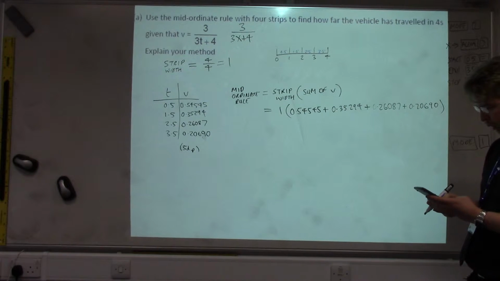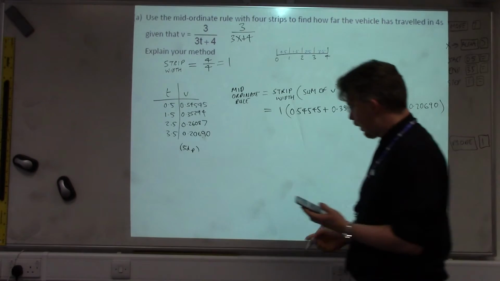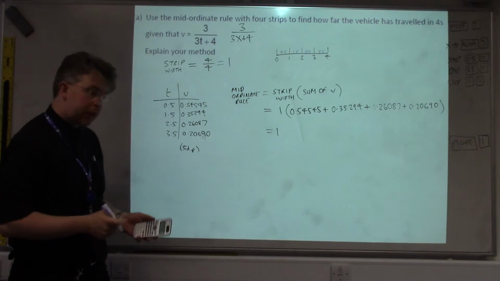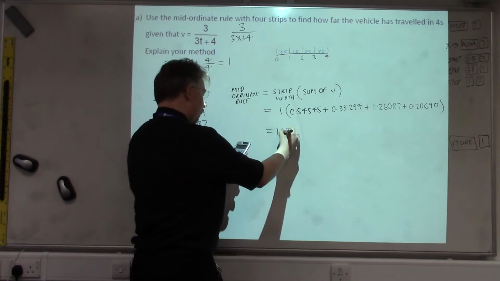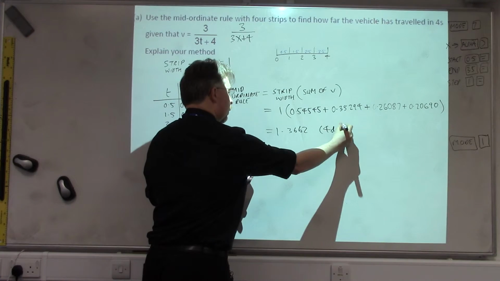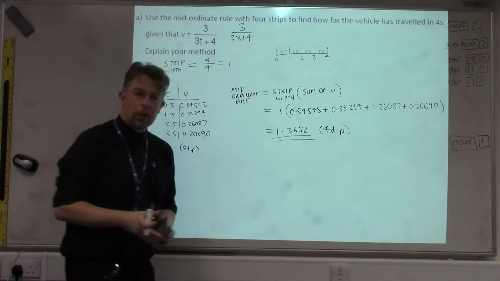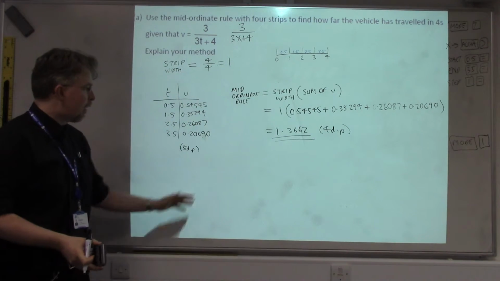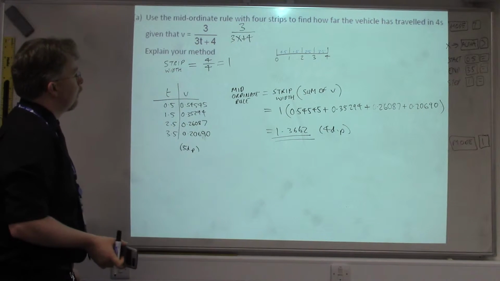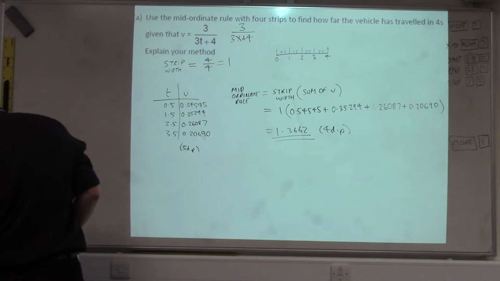And 4 decimal places, because we lose a bit of accuracy for having rounded: 1.3662. And that's the mid-ordinate rule. So that much to pass, and an explanation of what you're doing and why for merits and distinctions.